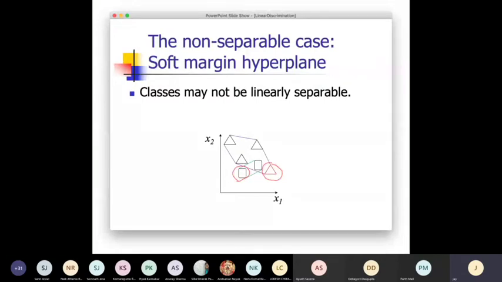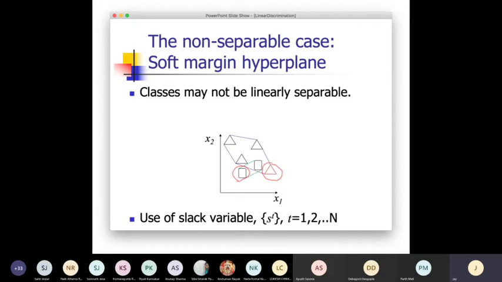So in such cases, how are you going to formulate the optimization problem so that you get a solution which tries to classify these samples maximally, while the conditions of the margin of separation are also respected in some way?